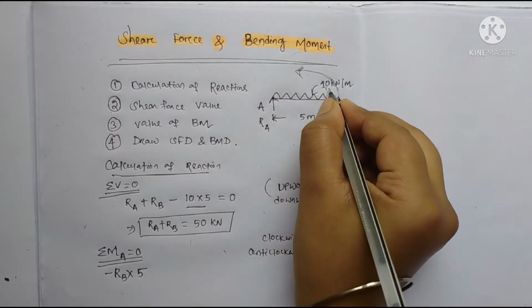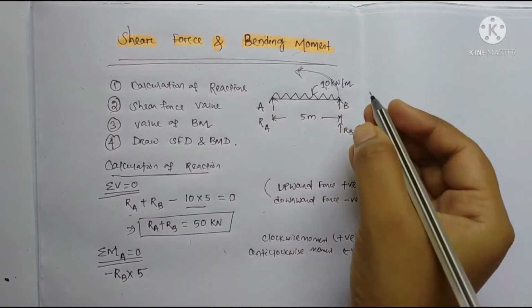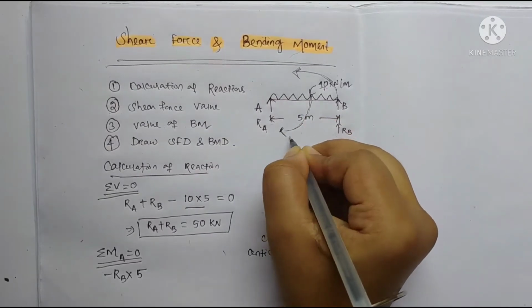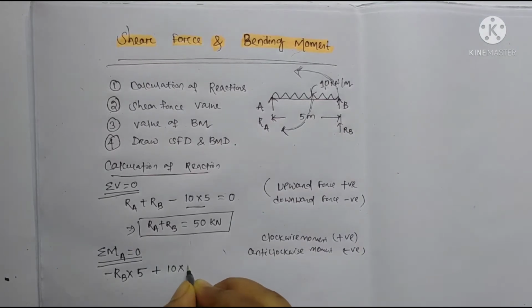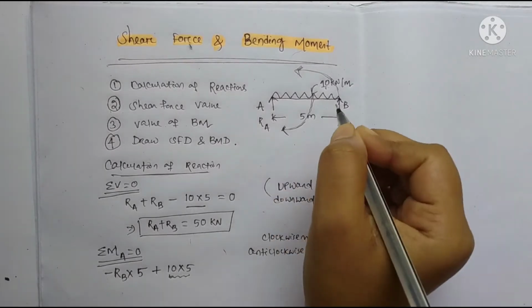Then we move to the uniformly distributed load, that is 10 kilonewton per meter. It gives clockwise moment, so it will be positive: plus 10 into 5, that is the intensity of force. Then what is the moment arm?